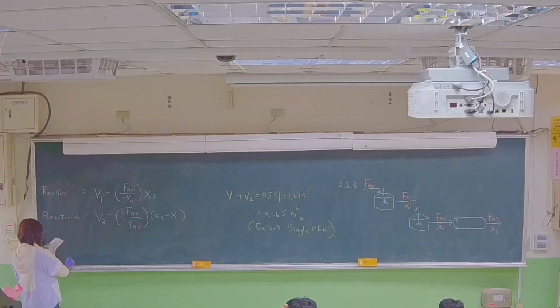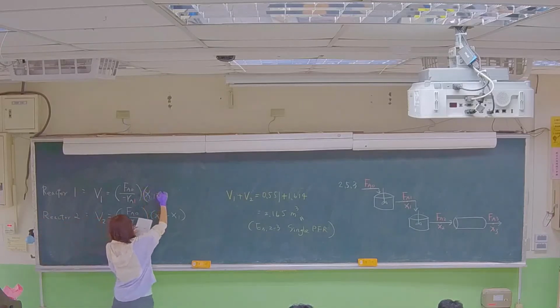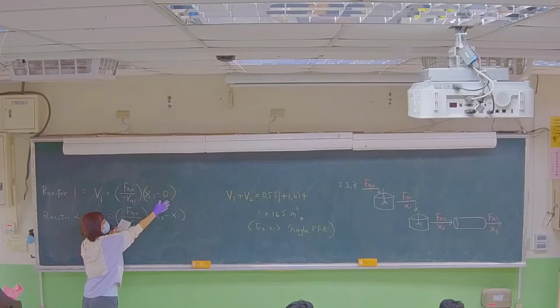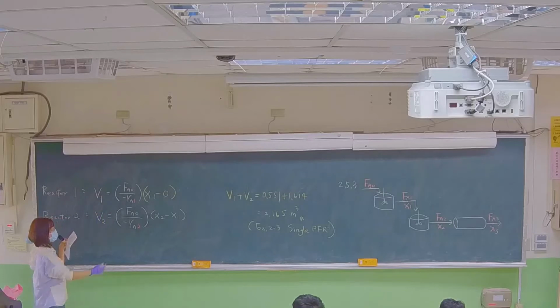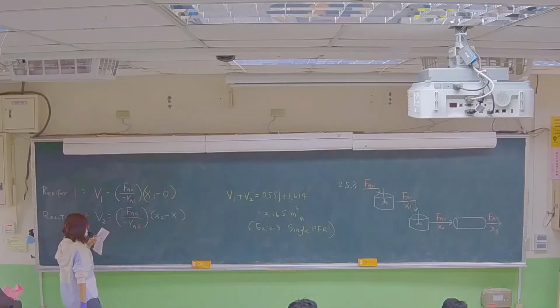Okay, as I told you before, if you want to have the same form, maybe you can write it like this, right? X1 minus X0, where X0 is 0. At the beginning, conversion is equal to 0. So the same form, you can write it like this or delete the 0 term. It is okay.